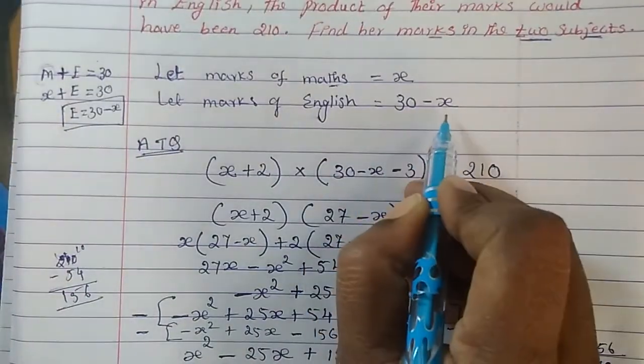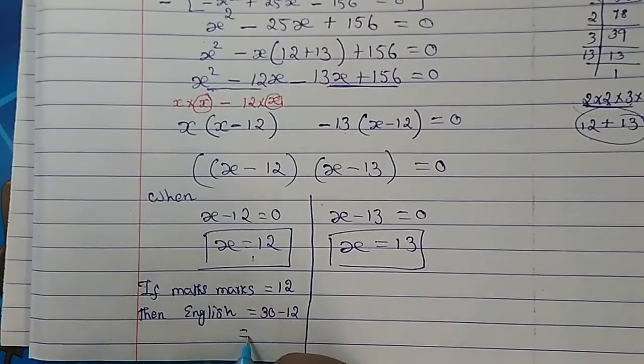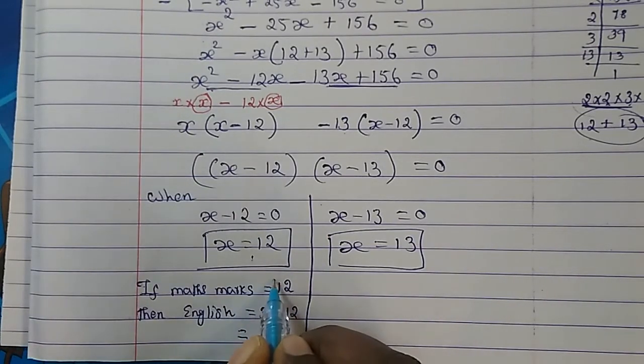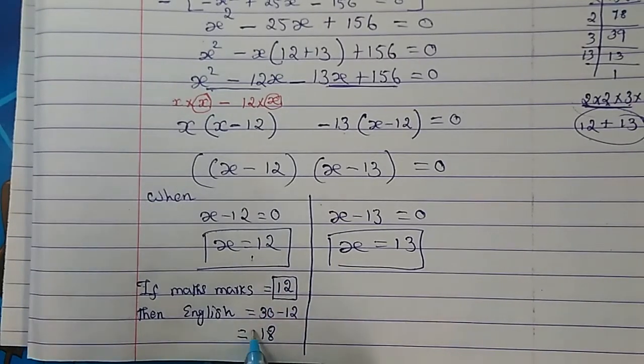Here you see 30 minus x will be the English marks. So 30 minus 12 will give us how much? 18. So that means if Shefali gets maths 12, then English marks will be 18.